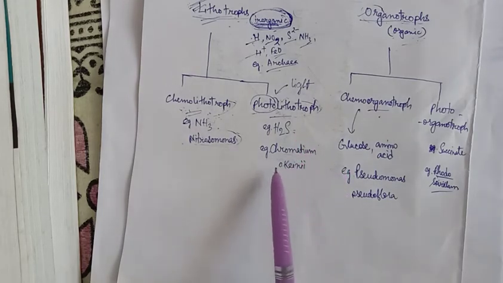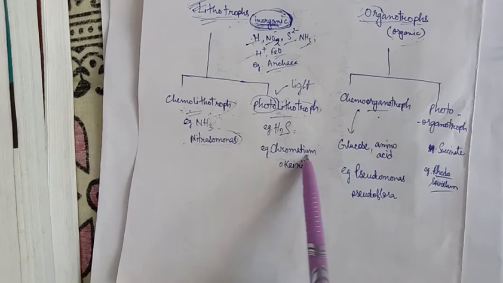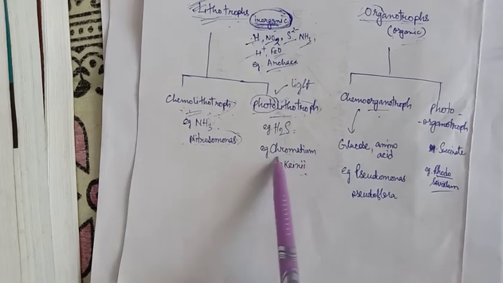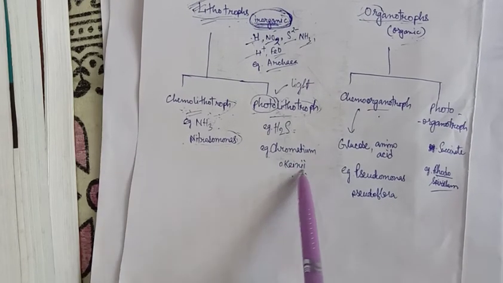An example of photolithotroph is Chromatium okenii.